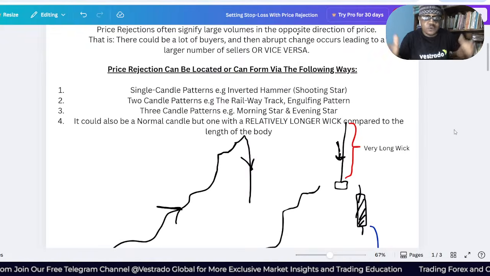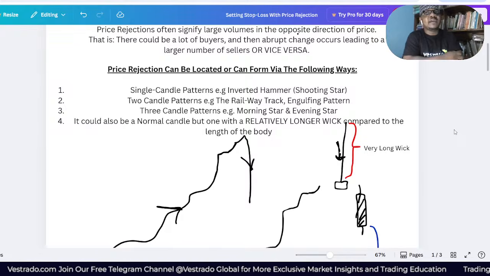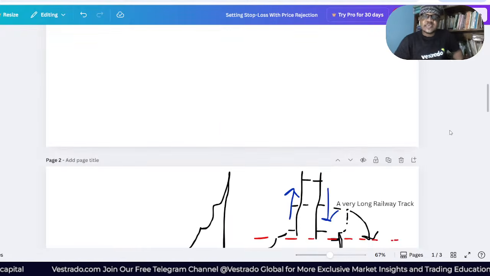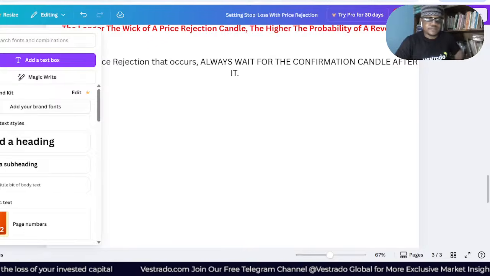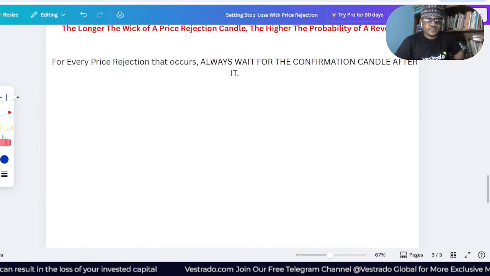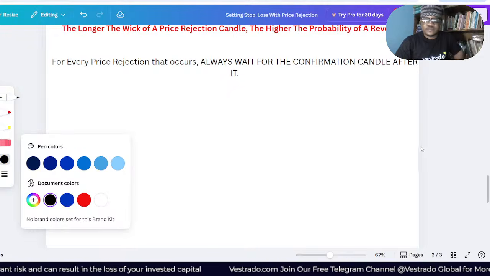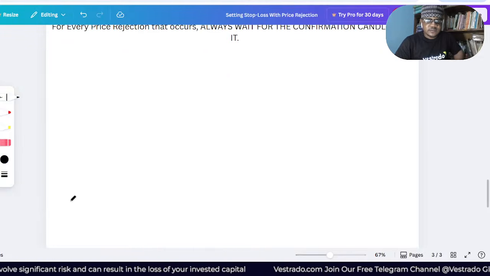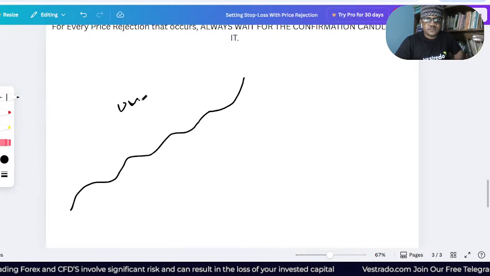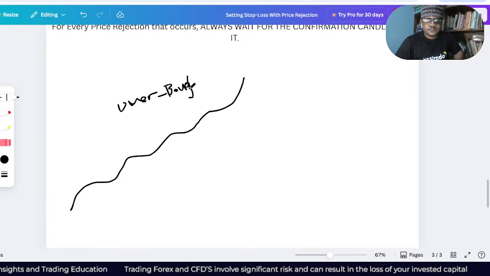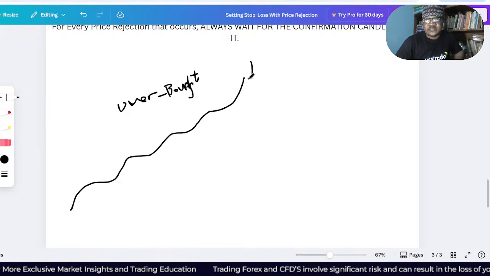So where do we set the stop loss? Where do we set the stop loss? Now, look, as opposed to a normal reversal, let's look at uptrend, uptrend, uptrend, overbought level. Say we reach overbought, for example, and then maybe a small hammer forms right there.